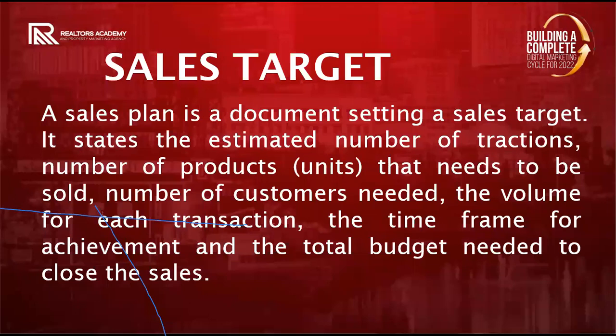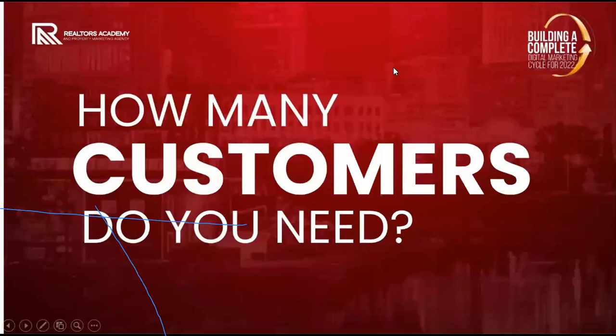When you know that number, divide it by 12, break it down, and know, okay, every week I need to generate this number of leads. All right? So that is all I'll be saying in this section before I move to the next slide.